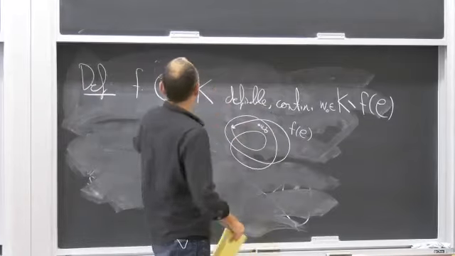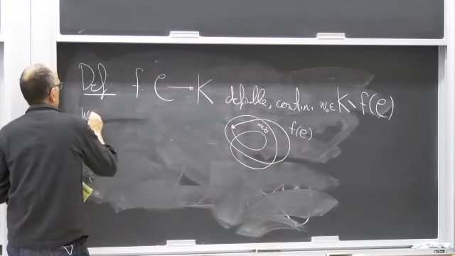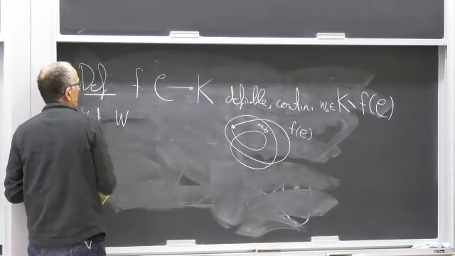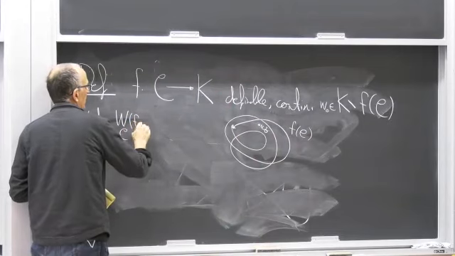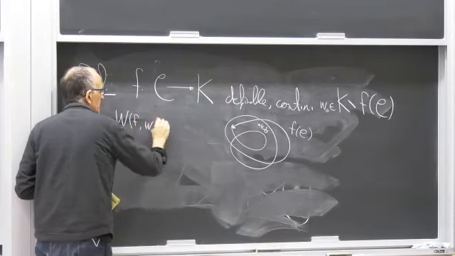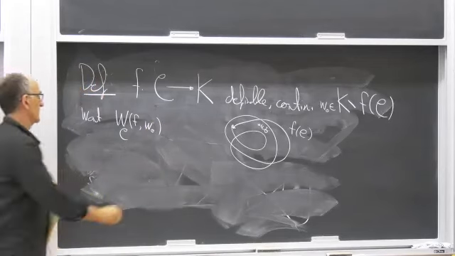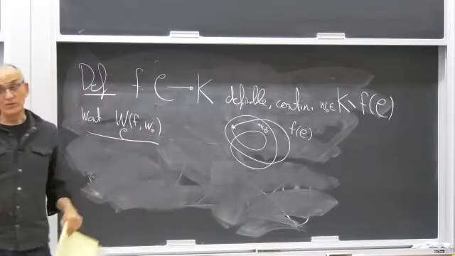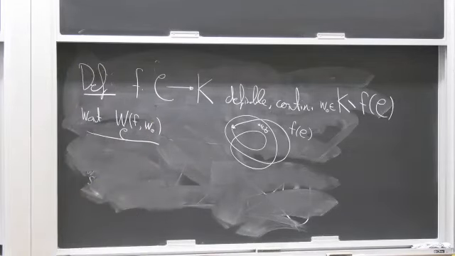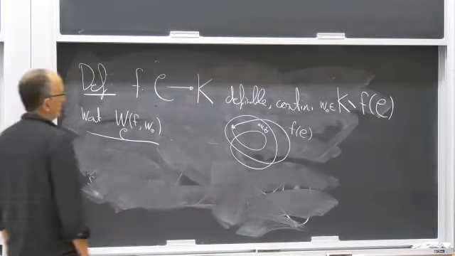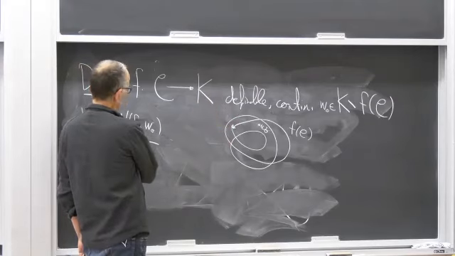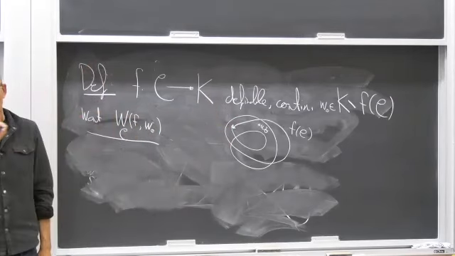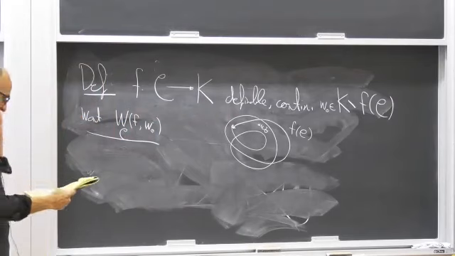What I want to do is to define the winding number along C of F around W0. And I want to count how many times we turn around W0 counterclockwise as we move. Remember, C has a parameterization, as we move from 0 to 1.